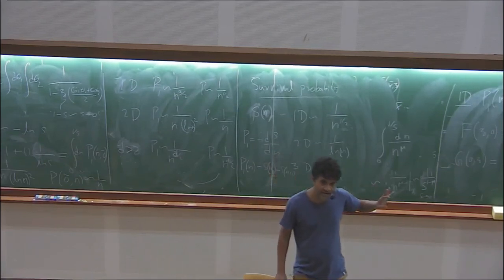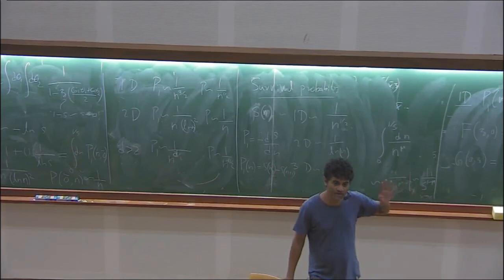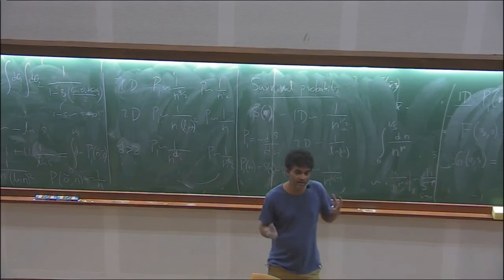In 3D, it's like a 0.3 fraction of particles return. Survival probability is not 0, right? So this is only the result for those which return: for them, how does the survival probability decay?